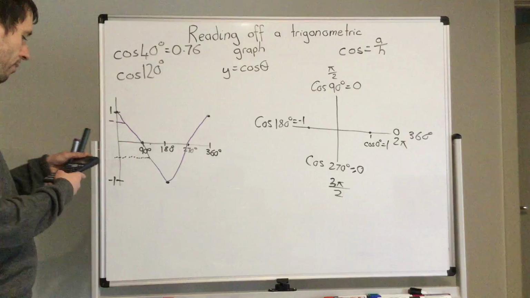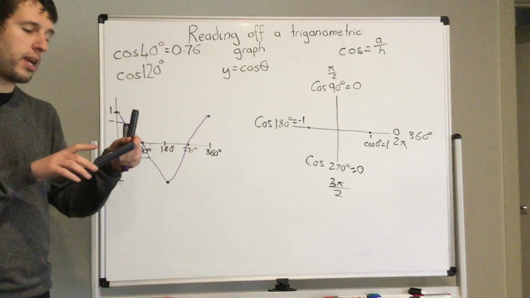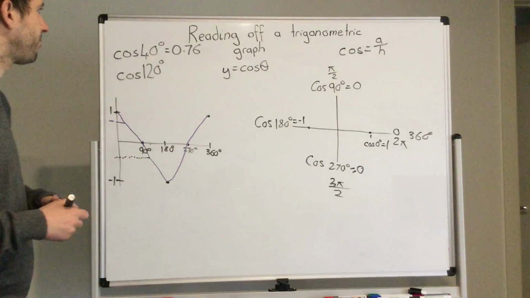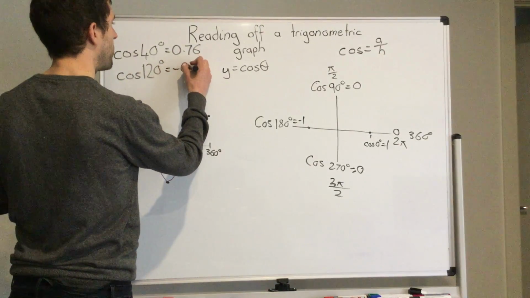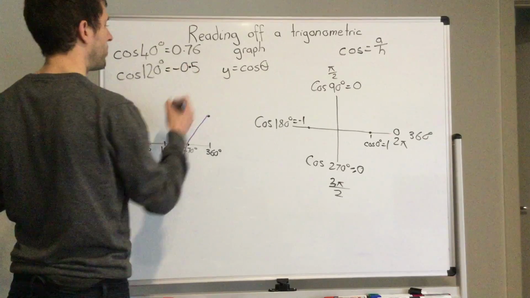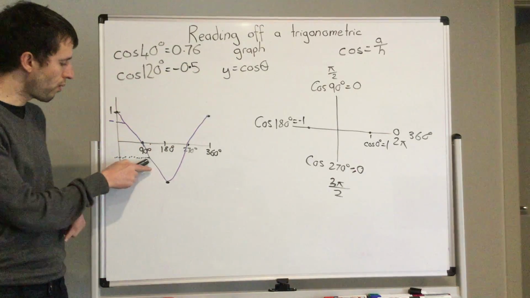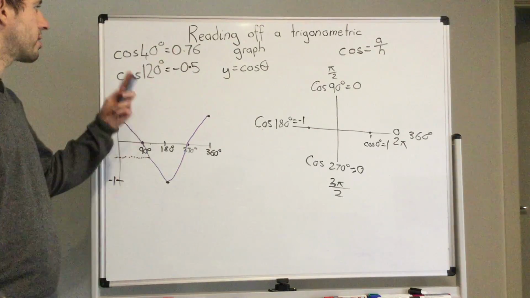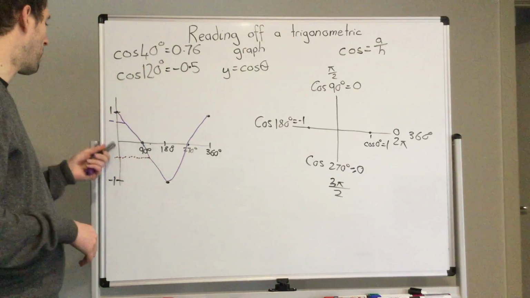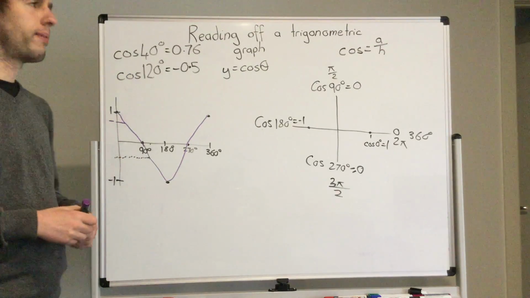But it's negative 0.4. Oh, close. Negative 0.5. And we were right, it's in the negative spot. And it's close to 0.5 on my graph.